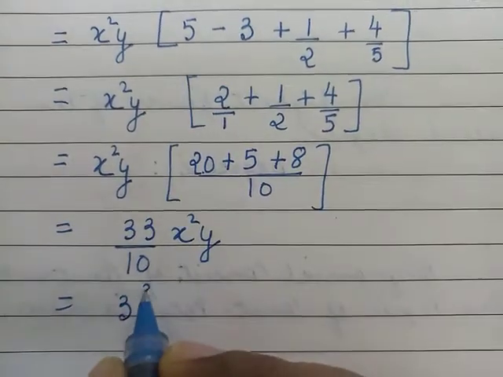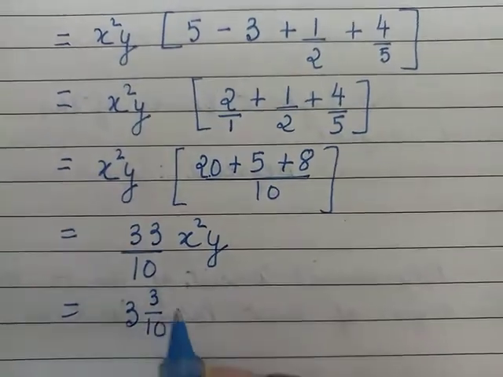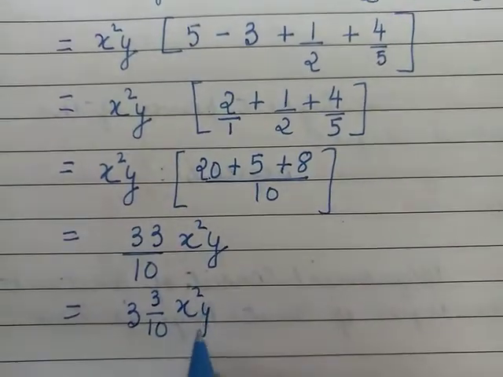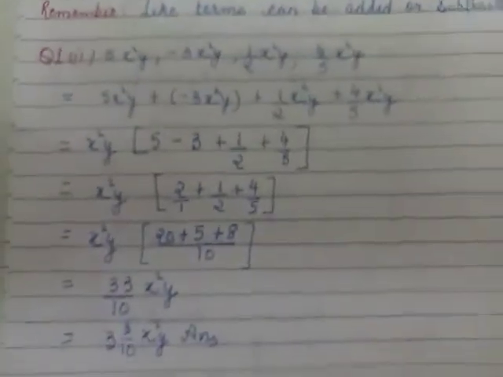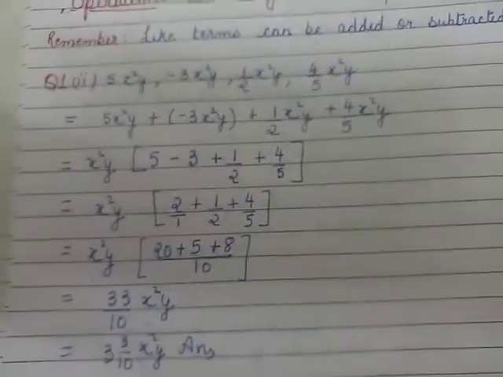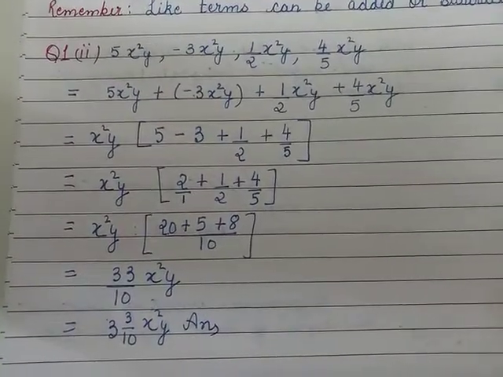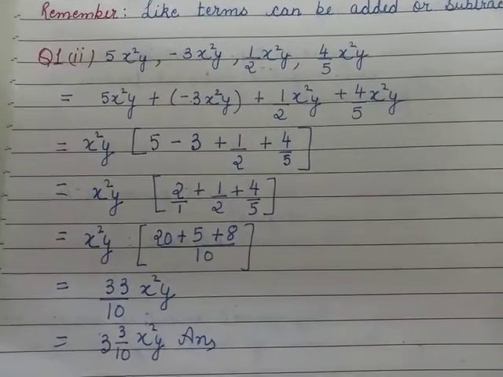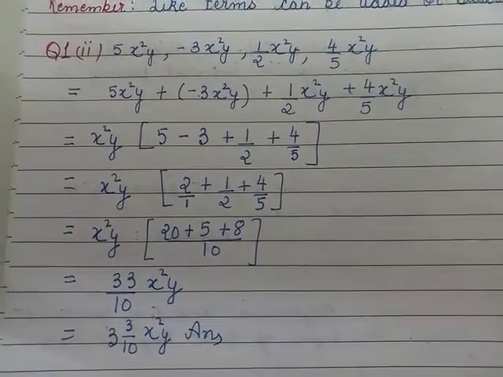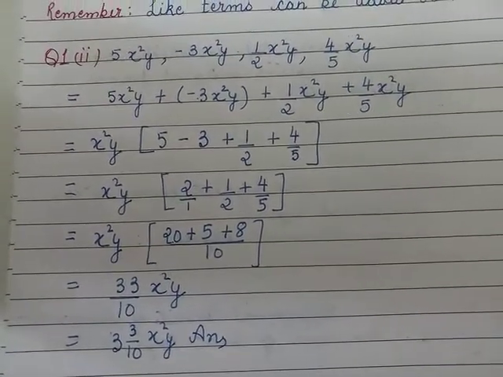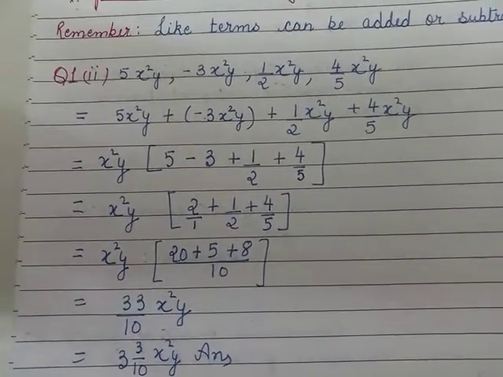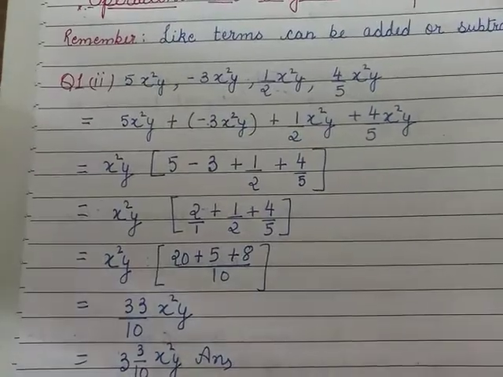That becomes 3 whole 3 by 10 x square y. Hope everybody has understood the horizontal method. Remember, in horizontal method, we take the like term out and we write all the numerical coefficients together, and then we add or subtract according to the given question.